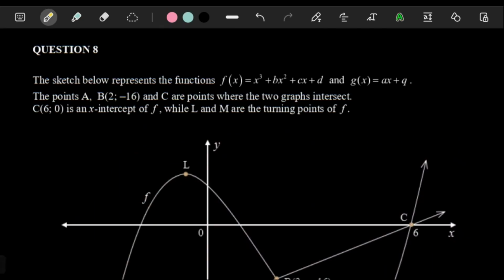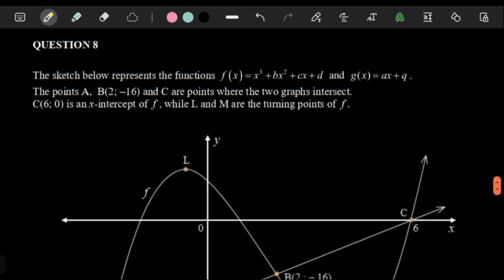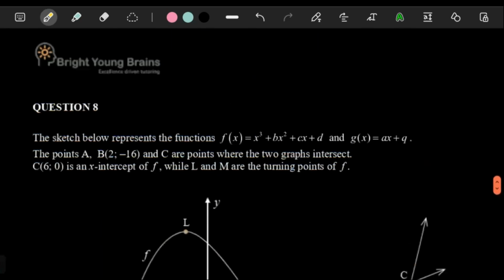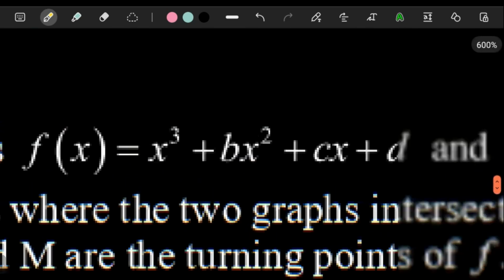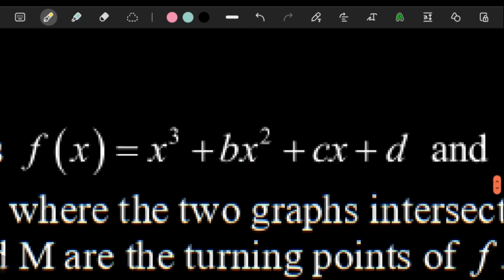Okay. So it says the following, question 8. The sketch below represents the functions f of x is equal to this. So the one thing that stands out with a question like this one is that already here you can see that the value of a is given. As long as there's no number directly in front here, the number there is a 1.